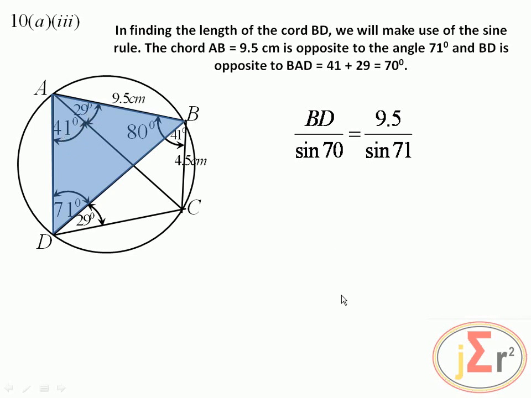Now, the sine rule makes use of side and opposite angle, side and opposite angle. 9.5 is opposite to 71. BD is opposite to the sum of these two angles. By transposition, we have BD is equal to 9.5 sine 70 over sine 71.